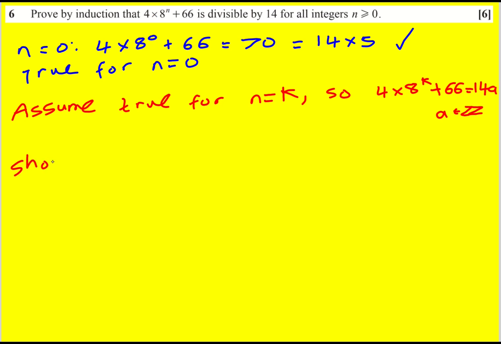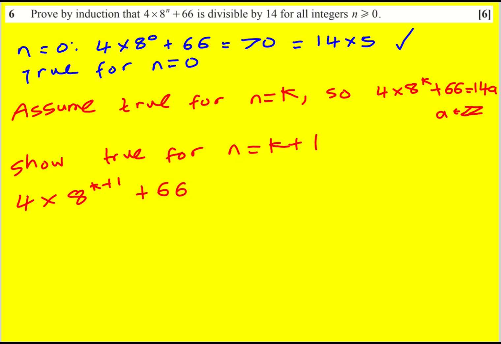And we're going to aim to show true for n equals k plus 1 using n equals k. Okay, so that means that 4 times 8 to the k plus 1 plus 66.